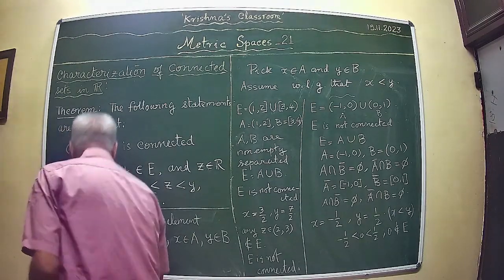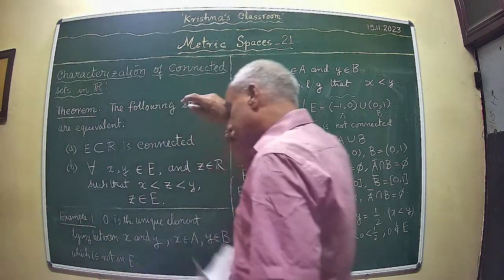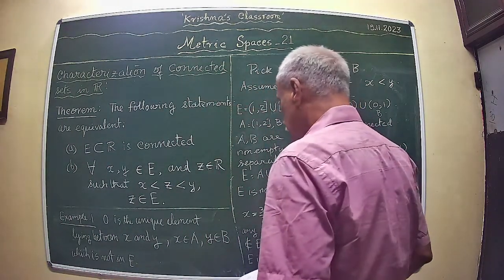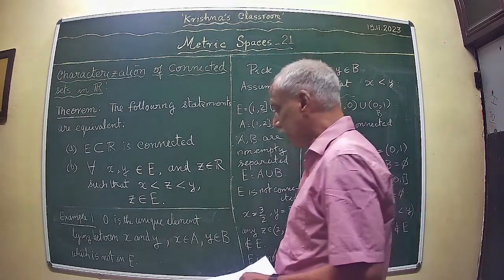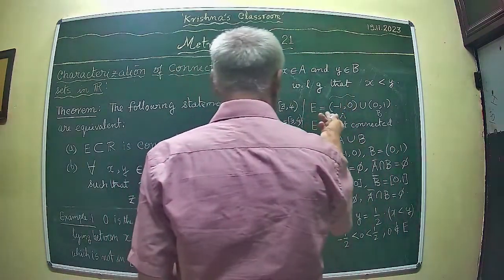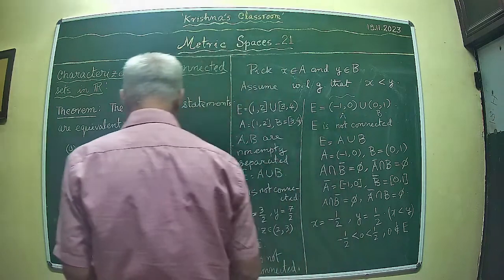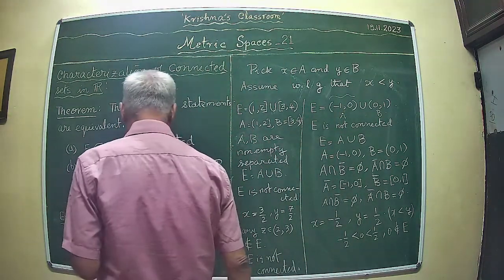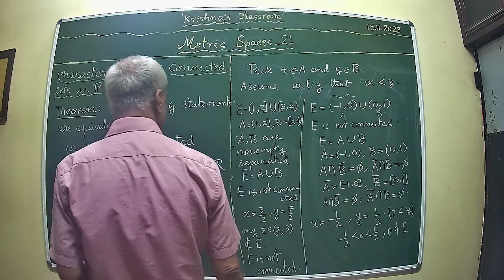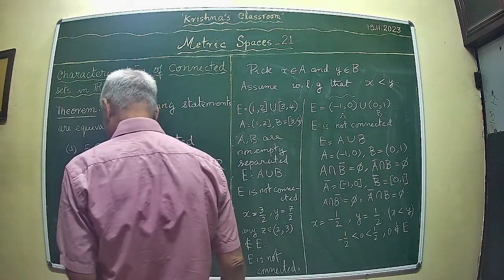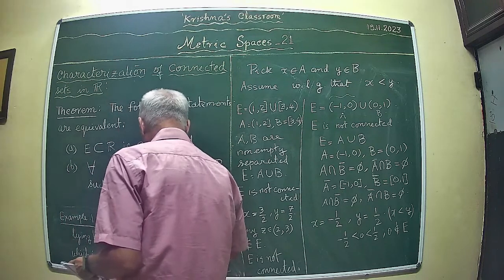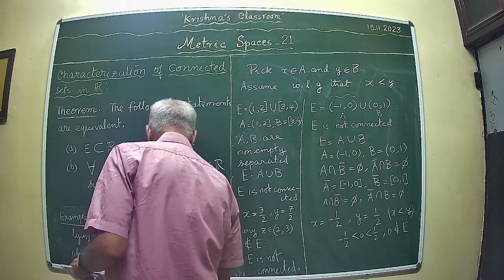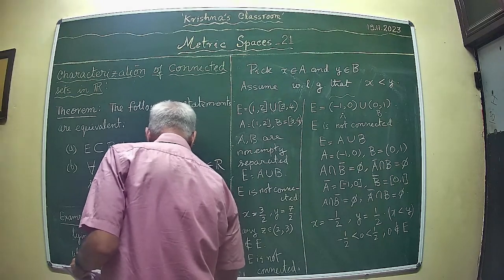So how to get hold of this? What we do is, to arrive at that, we take A and intersect with the line segment xy.